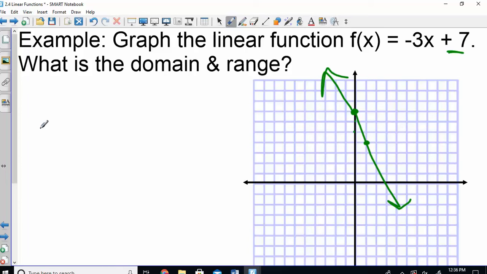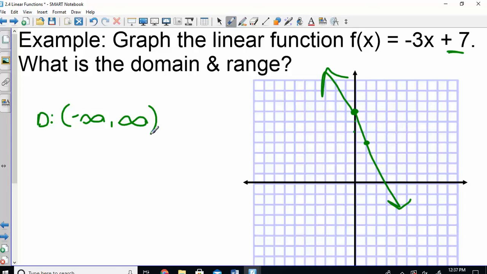What would be the domain of this line? We've talked about domain going left to right. This line extends forever to the left, and that one extends forever to the right. So eventually we're hitting everything. That's negative to positive infinity. The range is bottom to top.